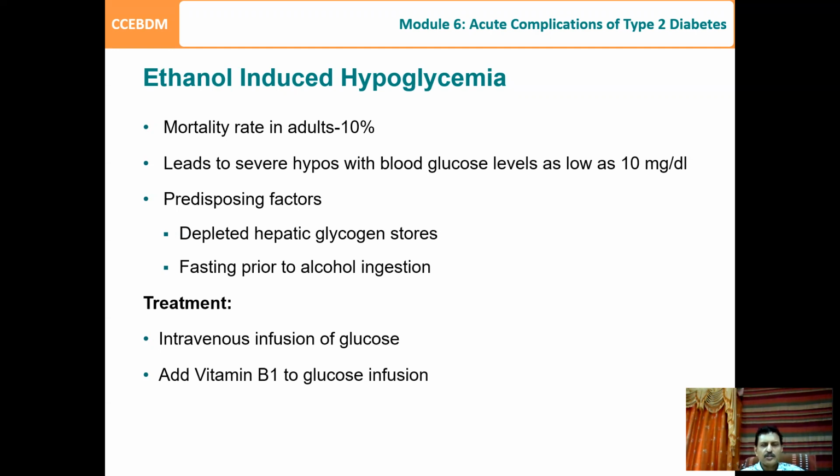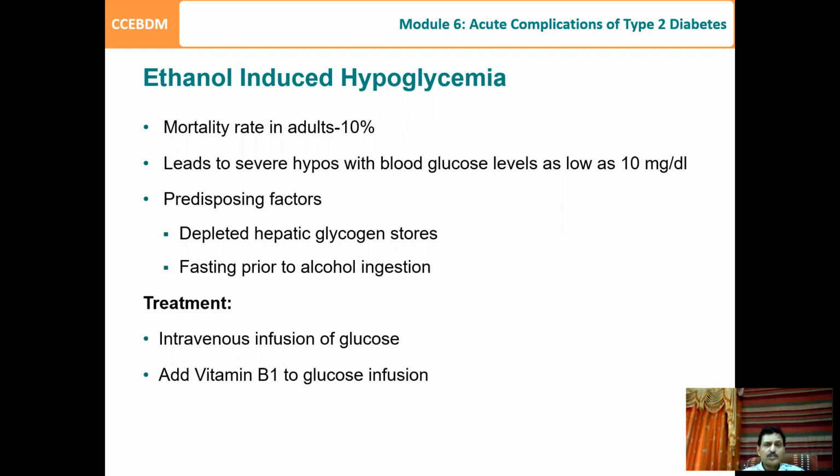They take something of protein or fat and don't take an adequate amount of carbohydrate. But because the patient has taken anti-diabetic drugs or insulin, and has not eaten adequate carbohydrate, and because ethanol can block the gluconeogenic pathway, there is an increased possibility of hypoglycemia when somebody takes ethanol.